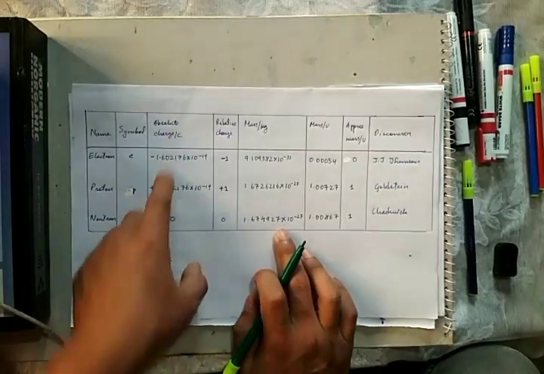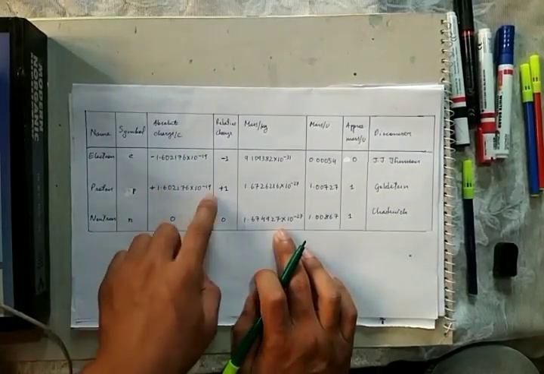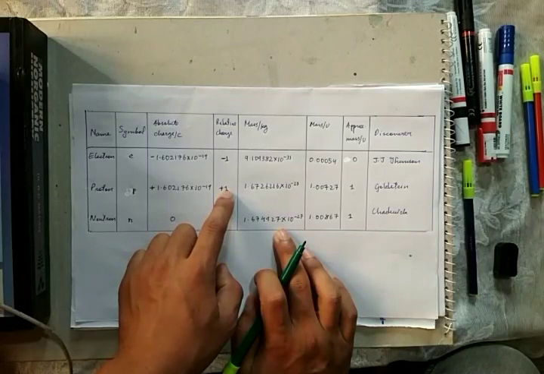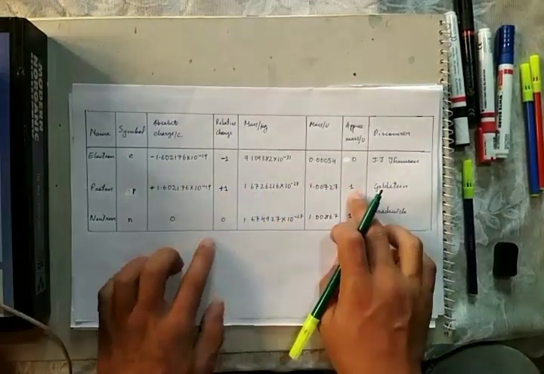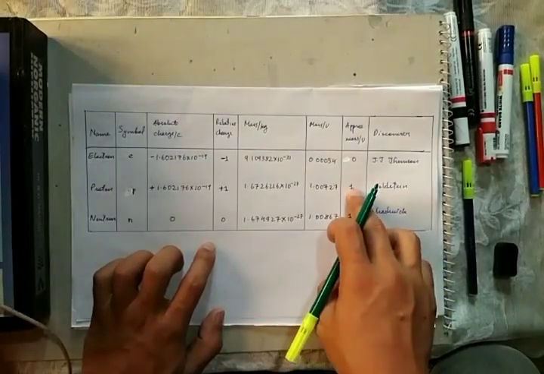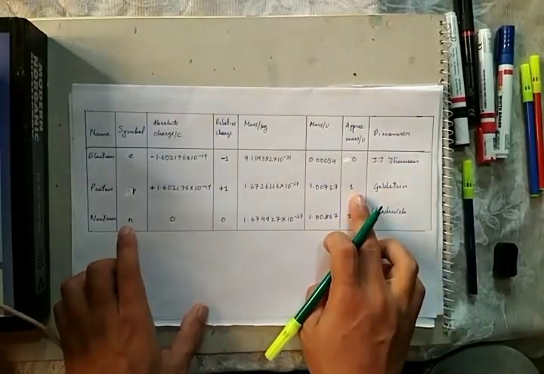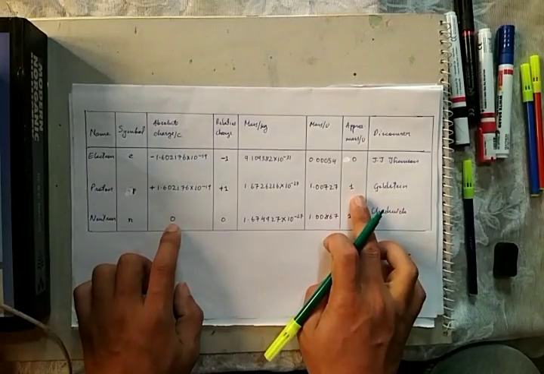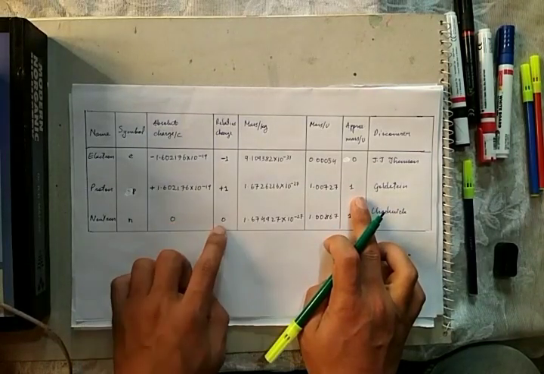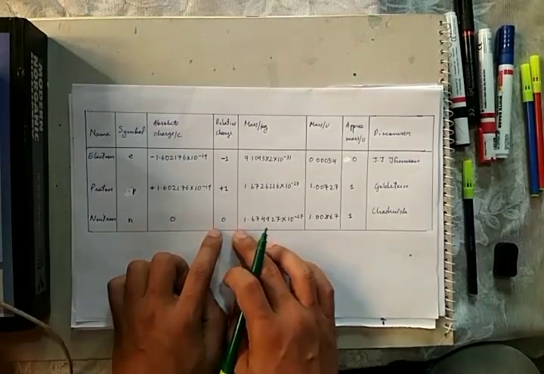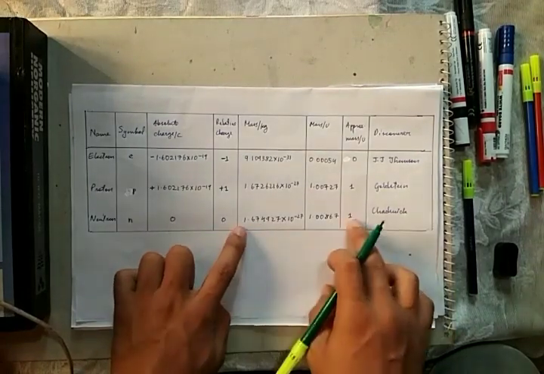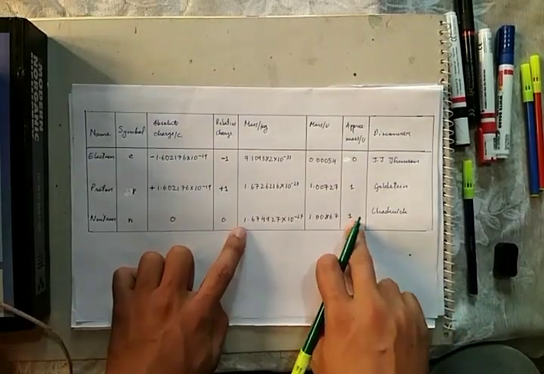The proton is also given here, represented by P. The relative charge is plus 1, and the approximate mass is 1. For the neutron, there is no charge. Relative charge is 0 since it is neutral, and the approximate mass is 1.